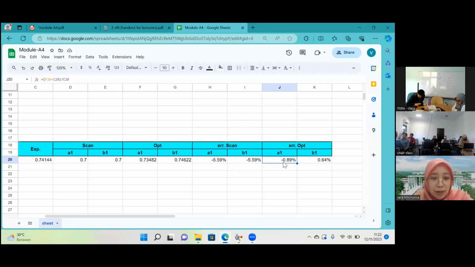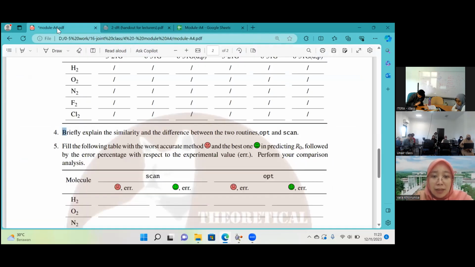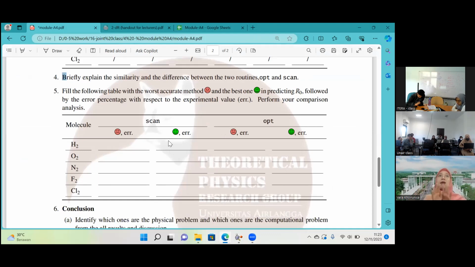the higher one. But in your calculation, you will have A1, B1, and then A2, B2. So there is a lot of combination, and you can compare which has the lowest and which has the highest error percentage. And you can tabulate in here. So make the complete tabulation by yourself.